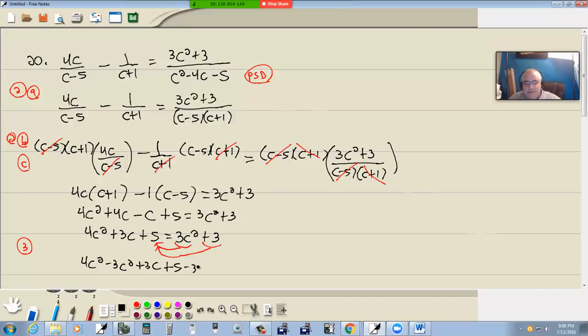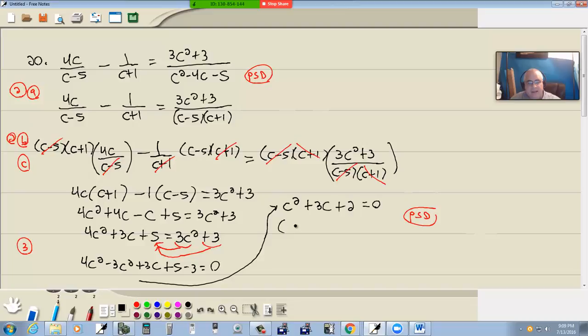Take the 3 over, becomes a negative 3. So then we got 4c squared minus 3c squared is c squared plus 3c, and 5 minus 3 is 2. Now this will factor using the PSD.